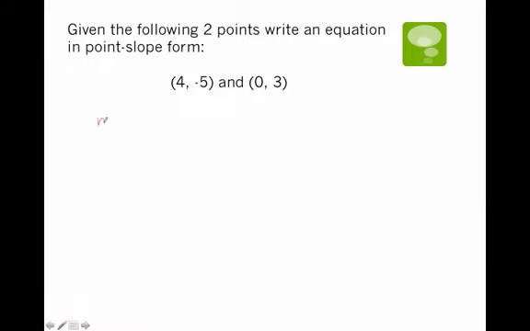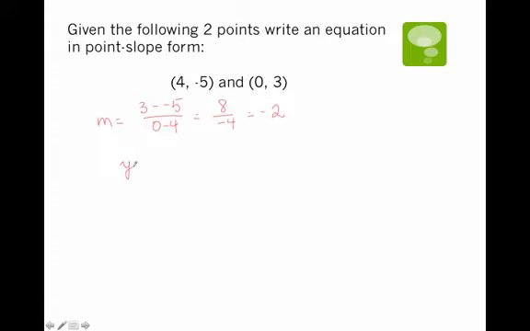So my slope is going to be 3 minus negative 5 over 0 minus 4. So my slope is 3 plus 5 or 8 over negative 4, which is negative 2.